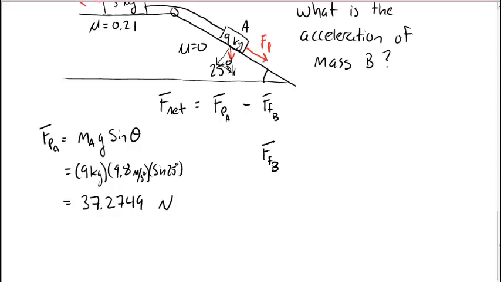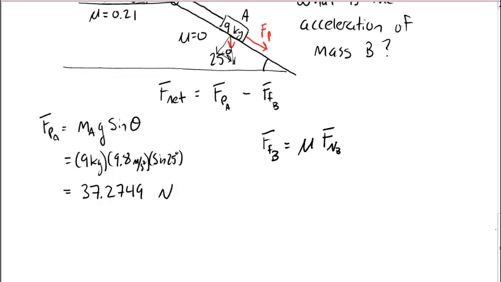acting on B, the one that will oppose a motion, we know the force of friction is coefficient of friction times normal force acting on B. So that's 0.21.